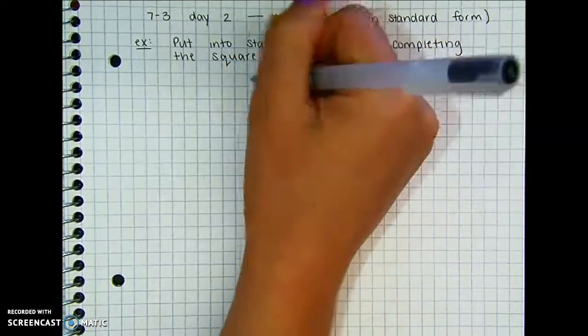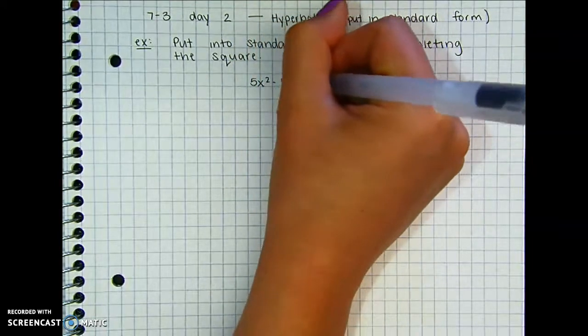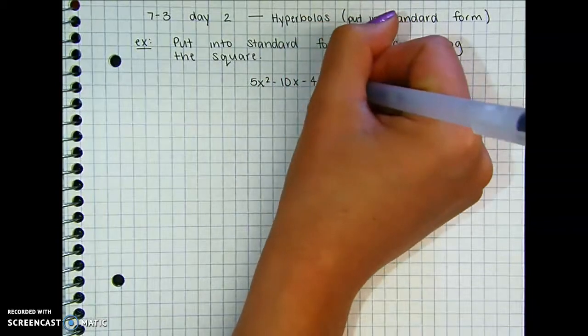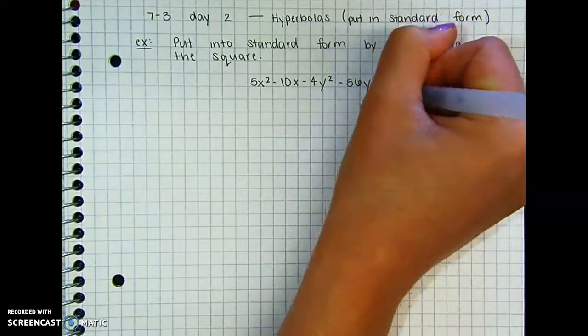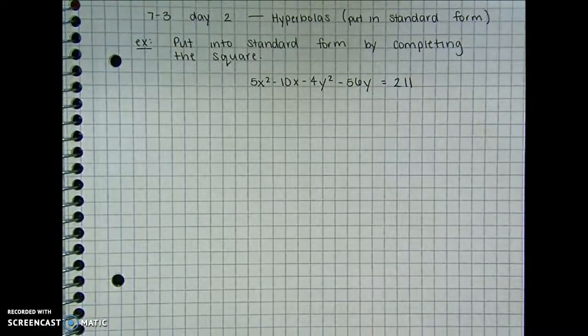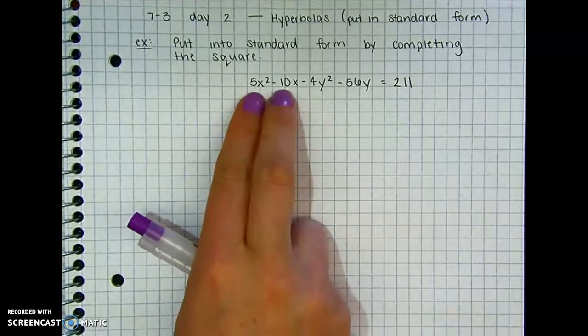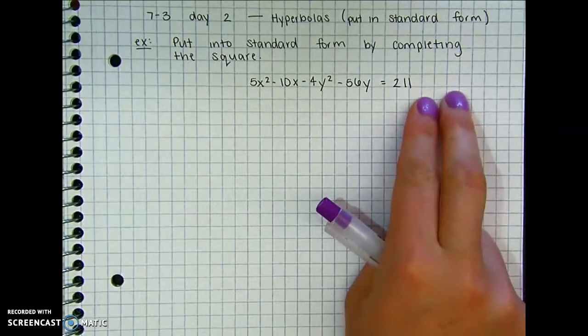And here's the equation: 5x squared minus 10x minus 4y squared minus 56y equals 211. Super easy example because it's already all lined up for you. Our x's are together, our y's are together, our constant is on the other side.